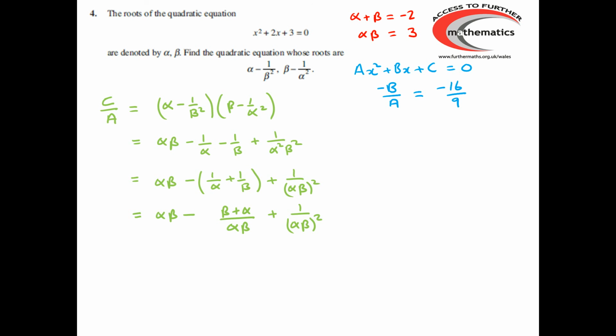We know that alpha beta is 3. We know that alpha plus beta is minus 2. So we've now got an expression for c upon a, which can be easily evaluated to give us 34/9.